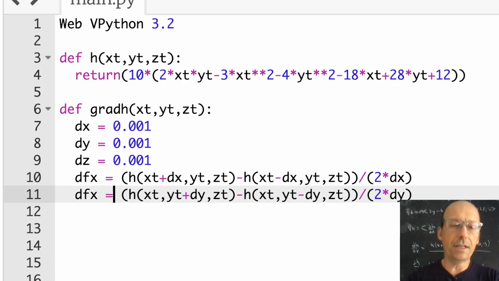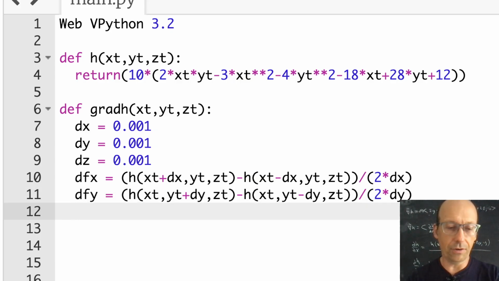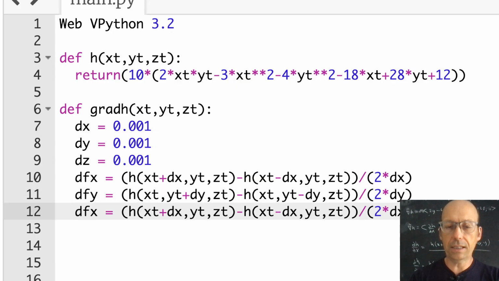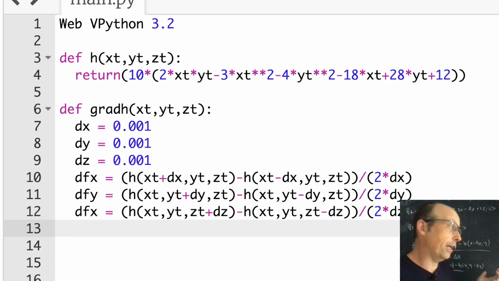Then I'm going to call this dfy. You see how that works? Then I'm going to do it again, and change this to z. I'm going to say minus dz, and over here plus dz. Now I have my changes in the x, y, and z direction.